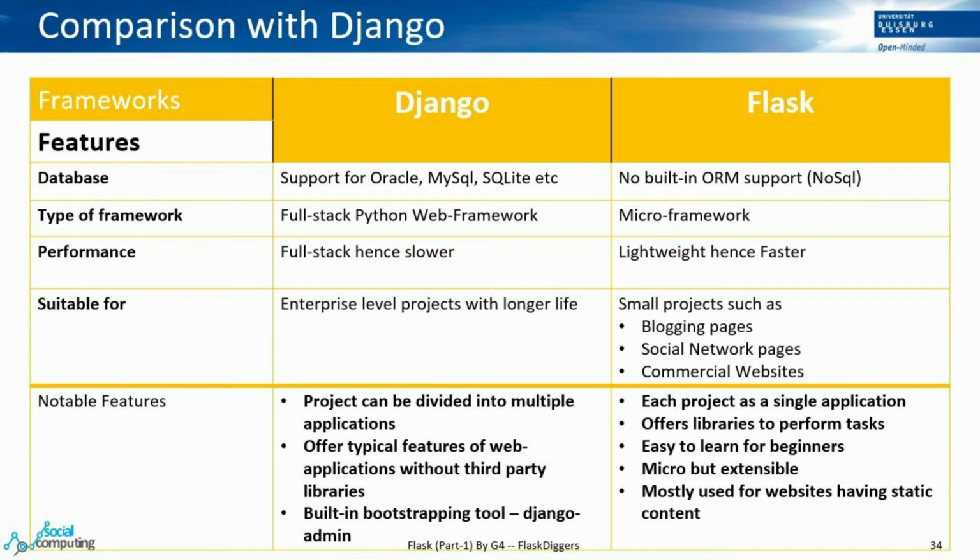Flask is suitable for small and less complicated projects, such as blogging pages, social network pages, and commercial websites, while Django is better suited for handling large projects with larger themes that have longer lifetimes. If you talk about the application type, Django works well with full-featured web applications and server-side templating. On the other hand, Flask is mostly for websites having static content.